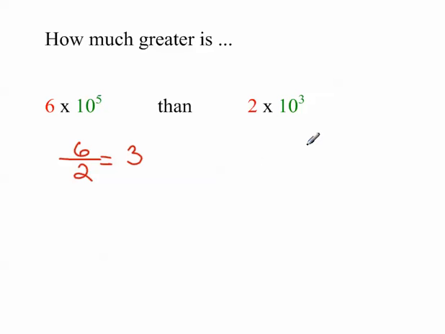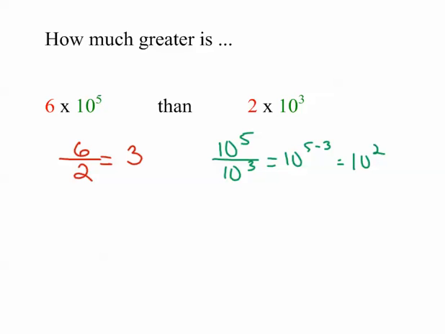Then we're going to go to the powers of 10. And this goes back to some of our previous lessons on properties of exponents. We're going to compare 10 to the 5th power to 10 to the 3rd. And if you'll remember, that is the same as subtracting the exponents, 10 to the 5 minus 3, or 10 squared.